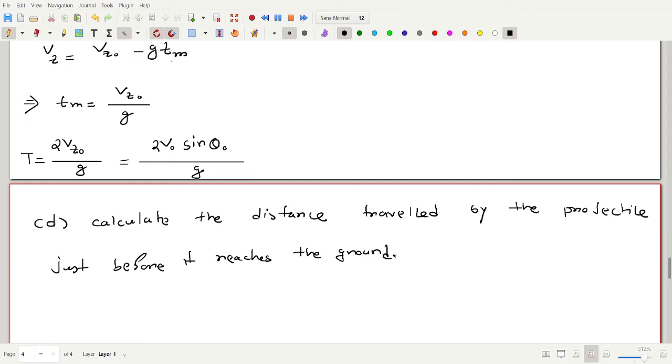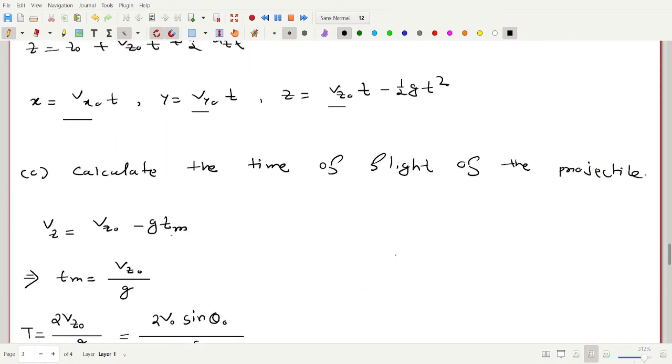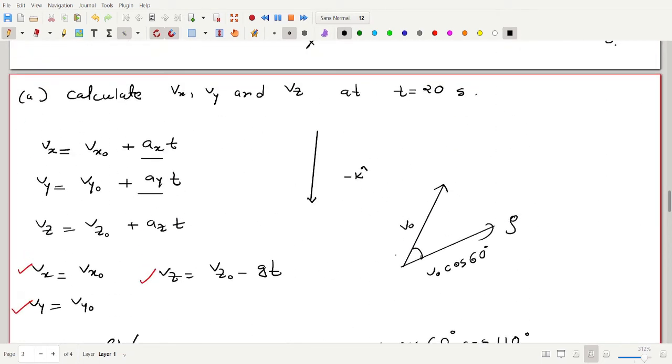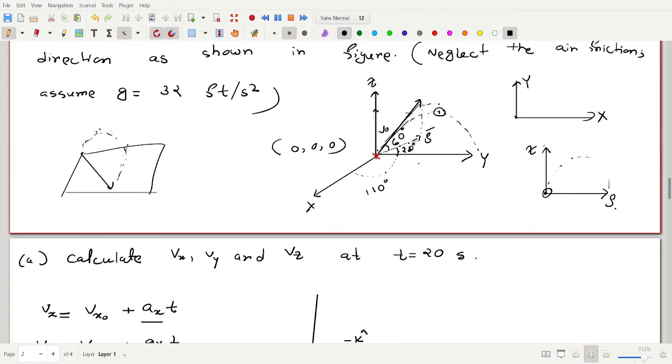Okay, that means actually the range. So far we have seen that the horizontal range is along the x-axis, but in this case the horizontal range will be along this rho.